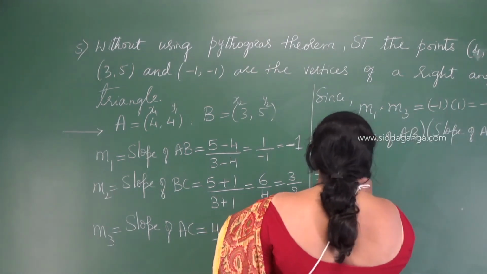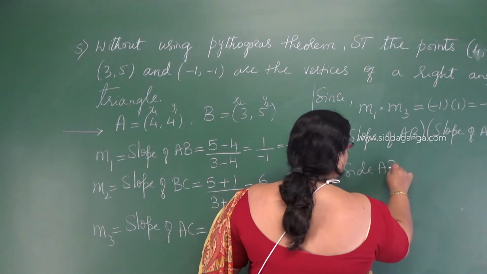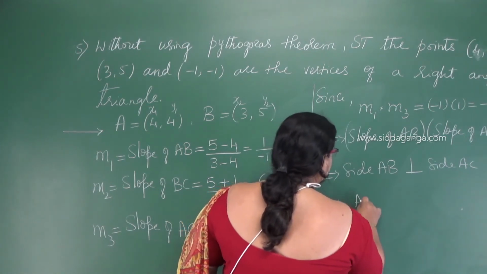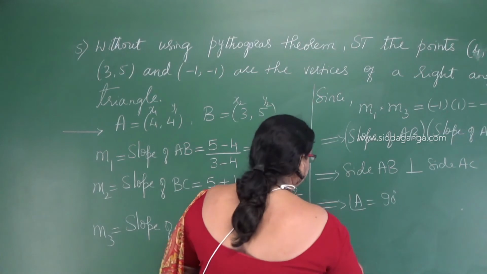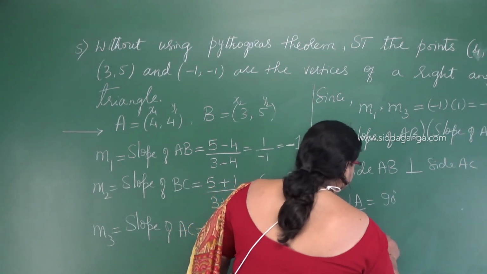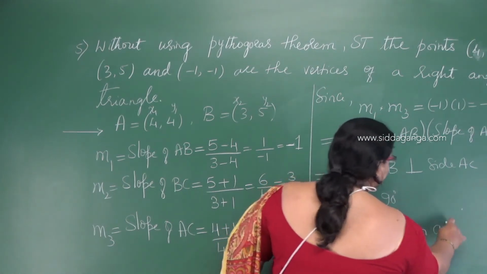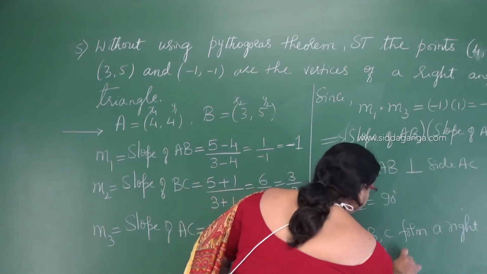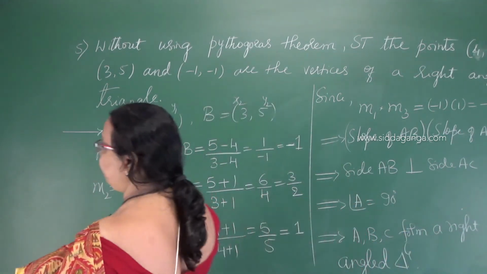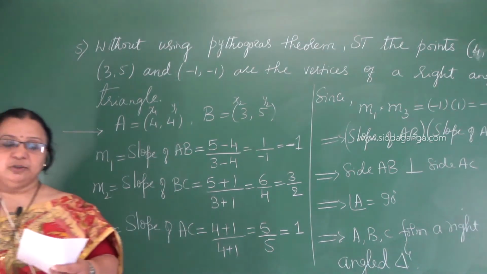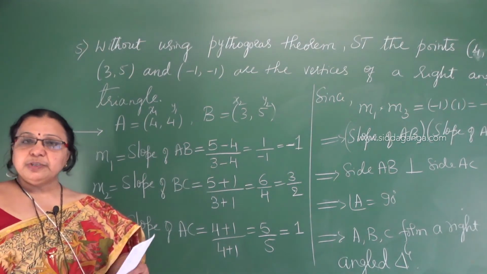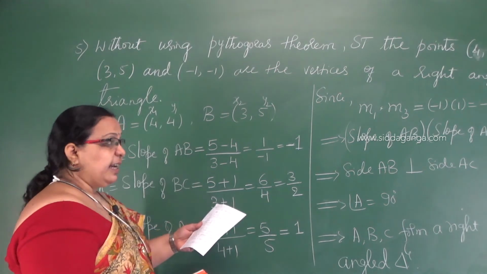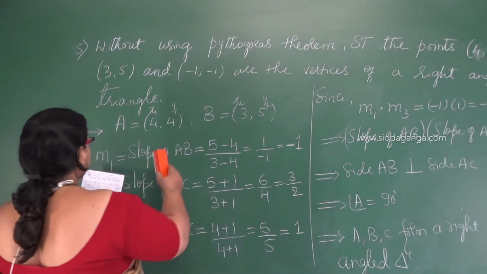This implies that side AB is perpendicular to the side AC, so angle A is 90 degrees. Hence ABC form a right angled triangle. The given points form a right angled triangle. So that is the method. Without using the Pythagoras theorem, we can show that the given points form a right angled triangle. Next example here.